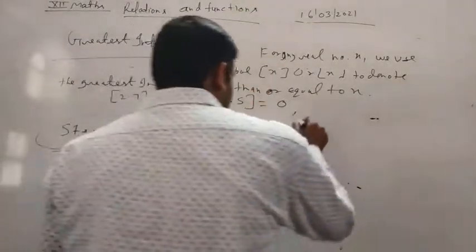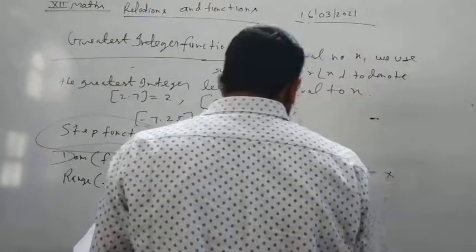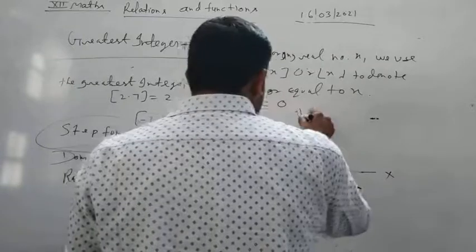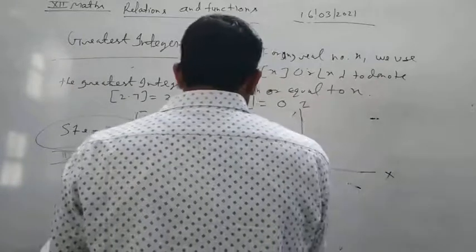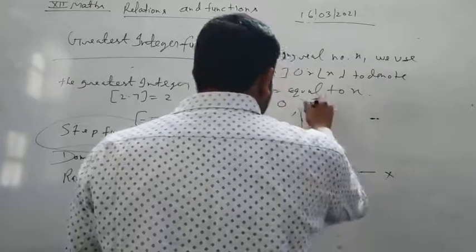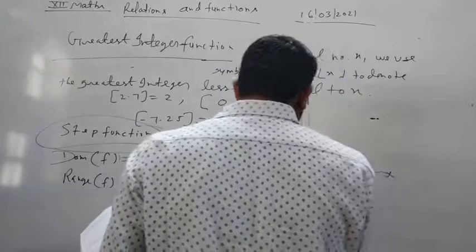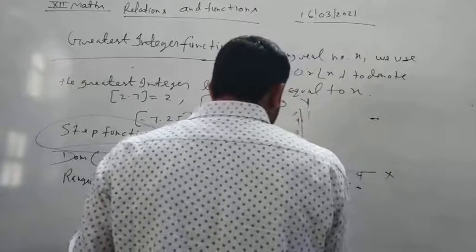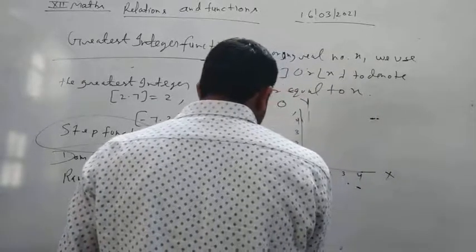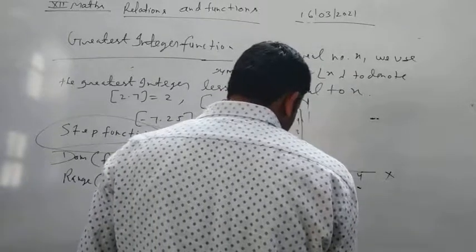Now students, we see the graph of this function. Look at this x and this y, and y dash. So 1, 2, 3, 4, minus 1, minus 2, minus 3, minus 4.